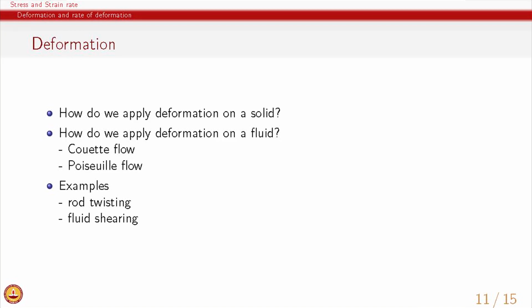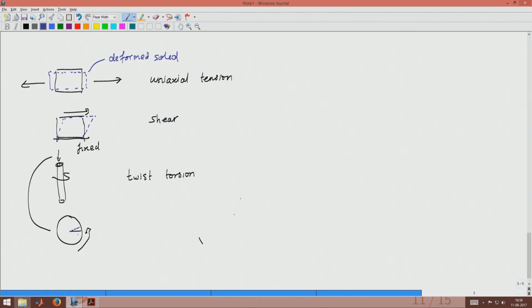Of course, sometimes we apply a fixed deformation and then measure the amount of force needed for that deformation. Some other times we apply a force or a stress and then see how much deformation there is in the solid. Now, similarly, how do we apply deformation to a fluid? There are two broad classes of inducing deformation in a fluid, and both are useful as far as rheological techniques are concerned.